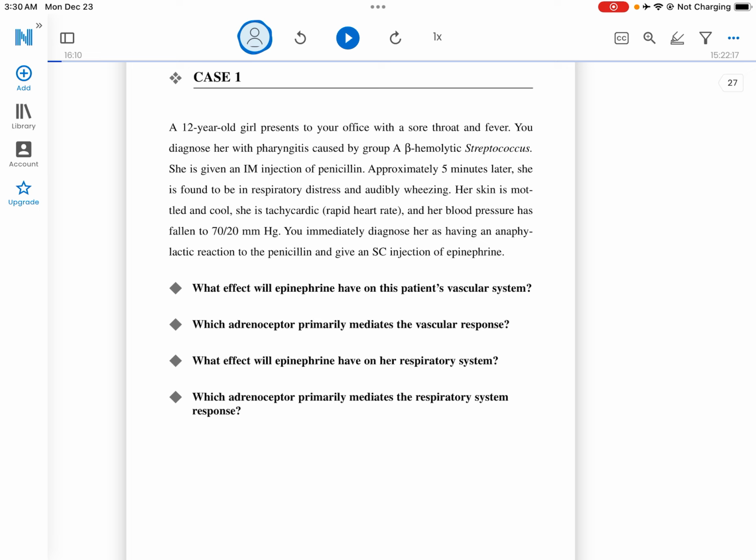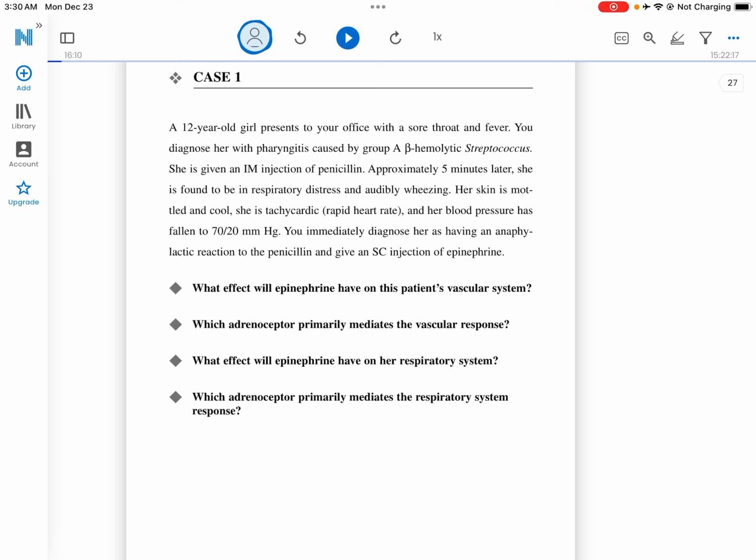Her skin is mottled and cold. She is tachycardic and her blood pressure has fallen to 70 mmHg. So to increase her blood pressure we have to give her medications. She has a rapid heart rate, so she is tachycardic.